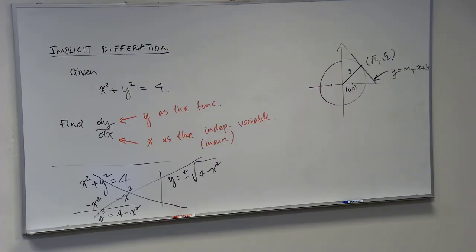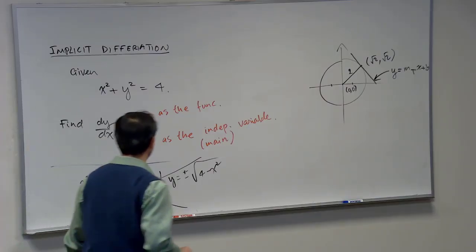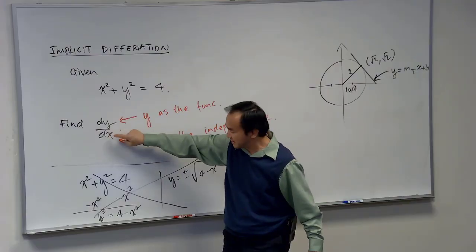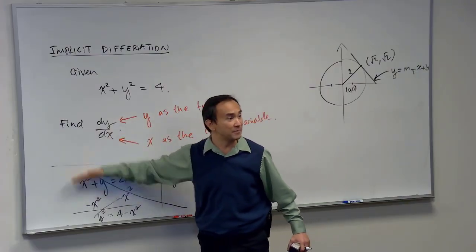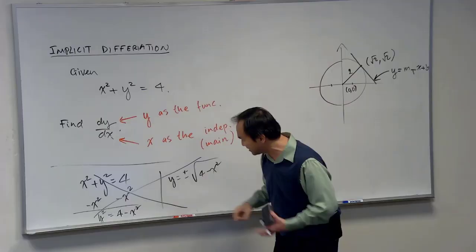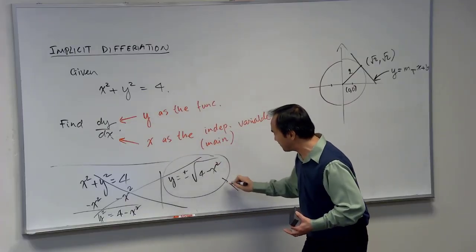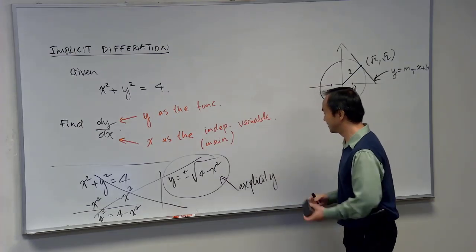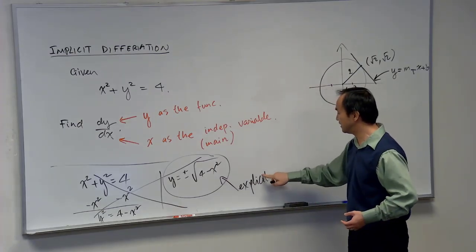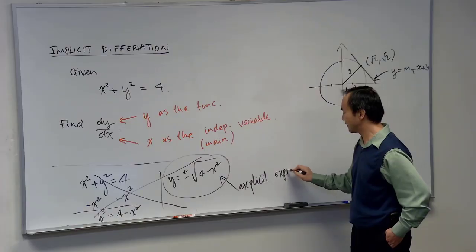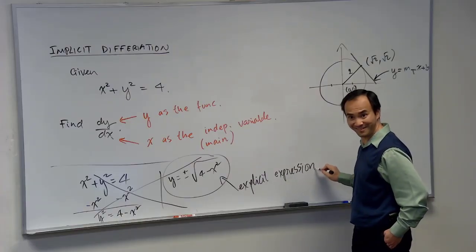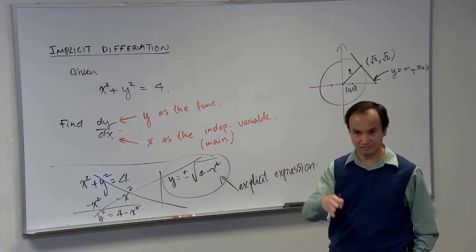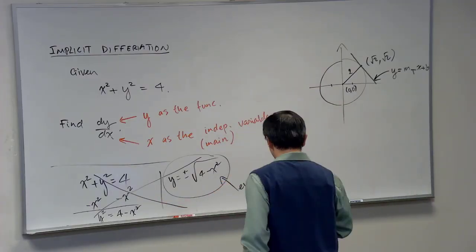So we just know that tentatively y will be the function and x will be the variable, but we don't want to solve it explicitly, because solving it out like this is called the explicit form. The explicit expression, because it's showing things out. If we can finally solve for y, we call it the explicit expression. But we don't want that way.